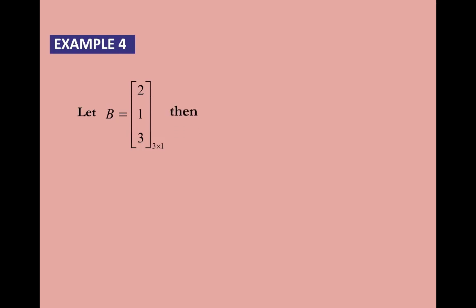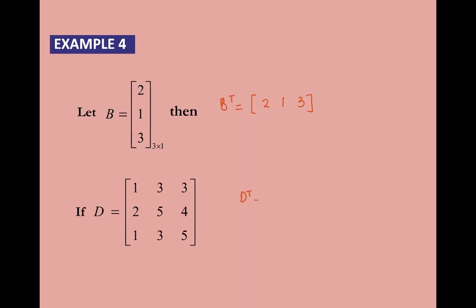Let's say you are given matrix B, then what is B transpose? 2, 1, 3 is a column, so B transpose will become a row: 2, 1, 3. So this is B transpose. Let's look at the next example, given matrix D. What is D transpose?